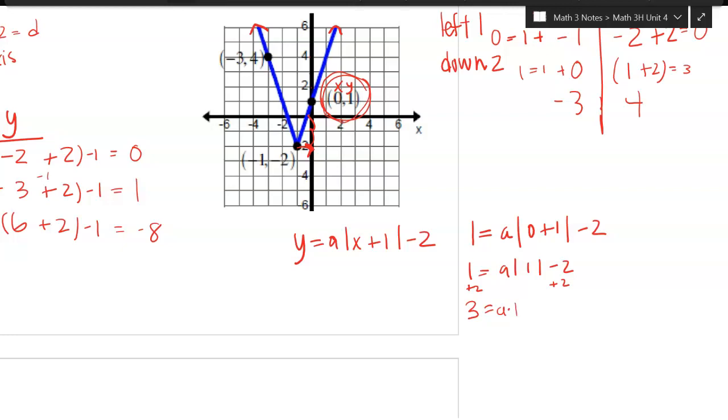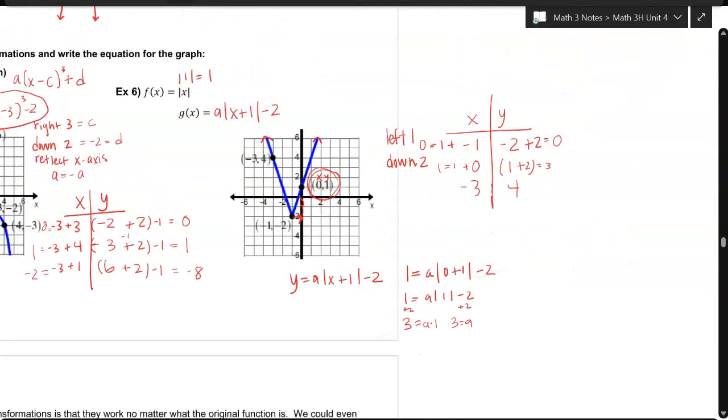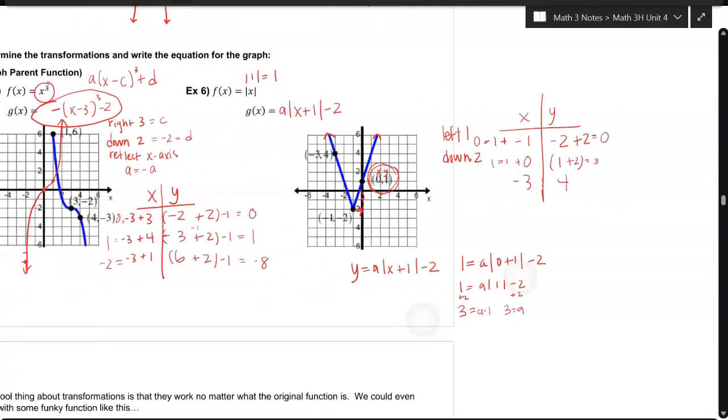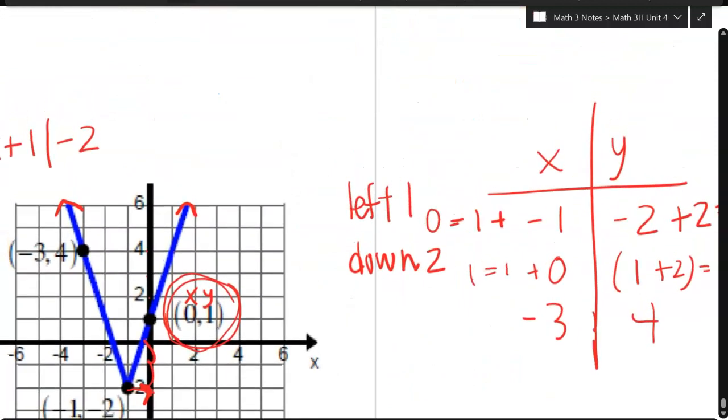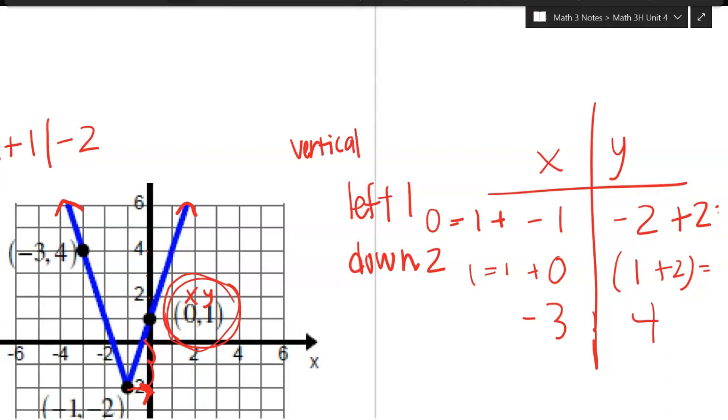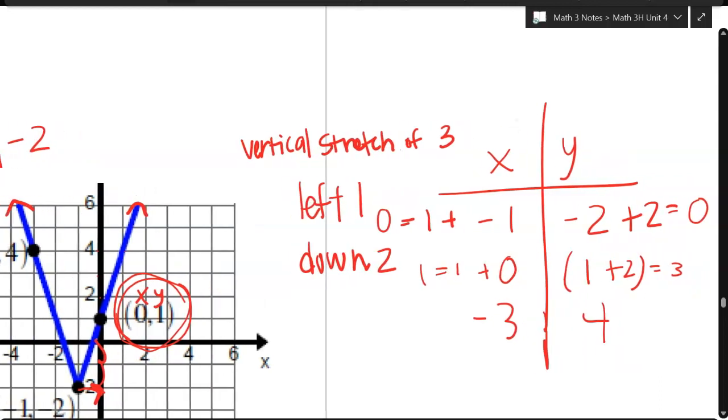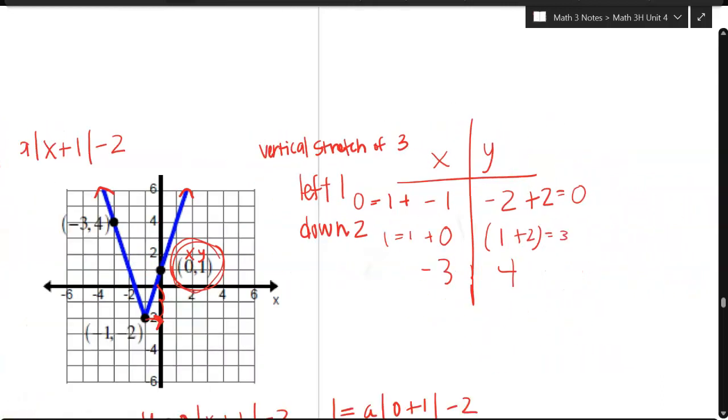And then a times 1 is just a, so 3 equals a. So it is going to be a vertical stretch of 3, or by a factor of 3.